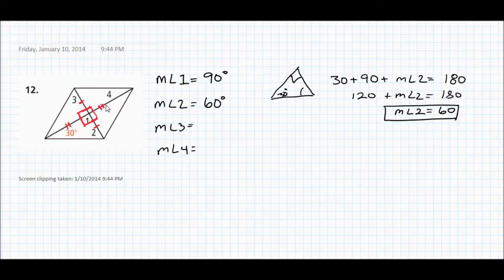So by corresponding parts of congruent triangles, we know the measure of angle 3 must be the exact same thing as the measure of angle 2, which is equal to 60 degrees. The measure of angle 4 must be equal to 30 degrees. So the measure of angle 1 is 90, the measure of angle 2 is 60, the measure of angle 3 is 60, and the measure of angle 4 is 30.